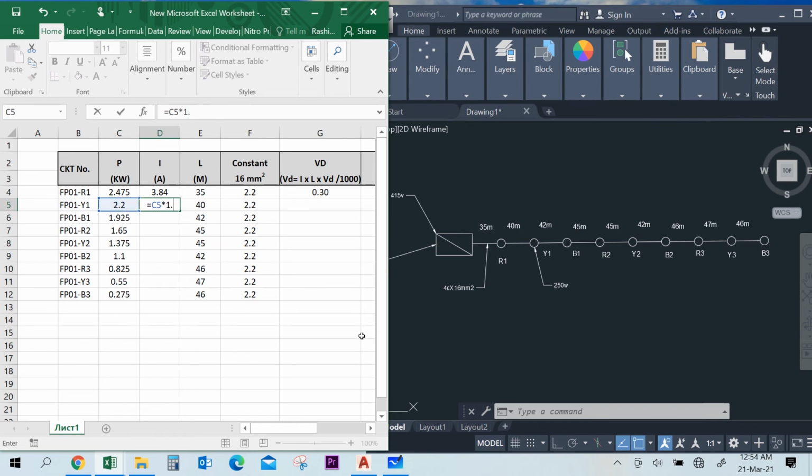C5 into 1.55, bracket close, bracket close. Now multiplication, again bracket, 415 minus 0.30, one more bracket should be here, 0.30.